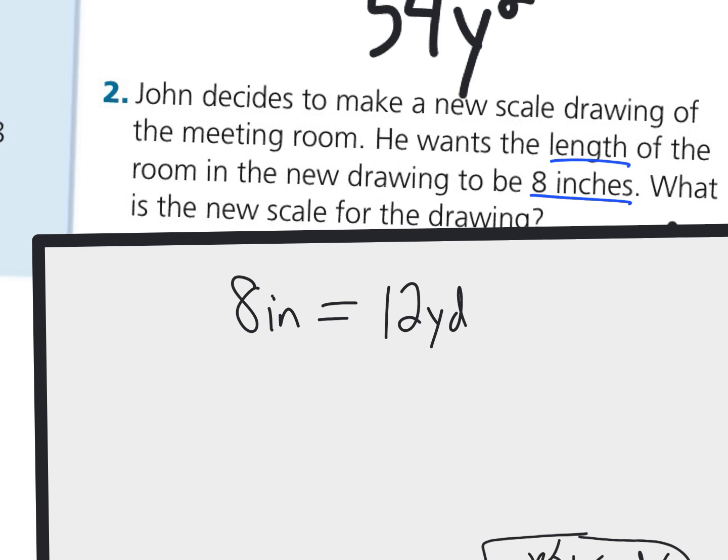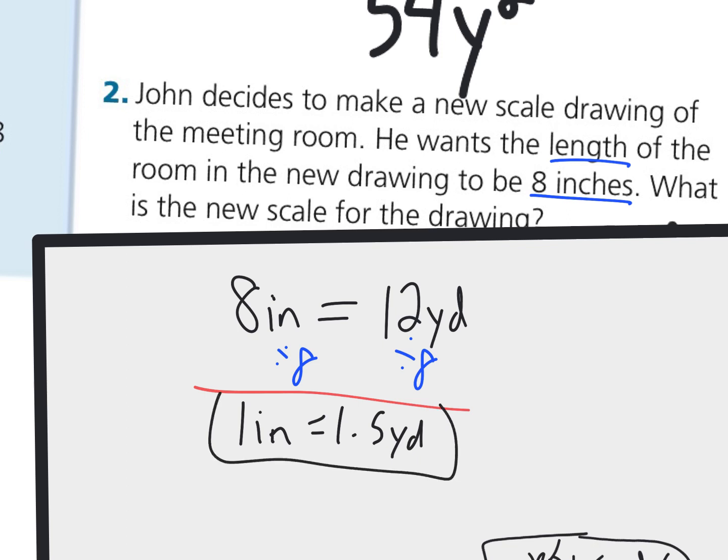For a scale, it's nice if we know what 1 inch is equal to. So if 8 inches equals 12 yards, if we divide both of these by 8, then that would tell us 1 inch equals 1.5 yards.